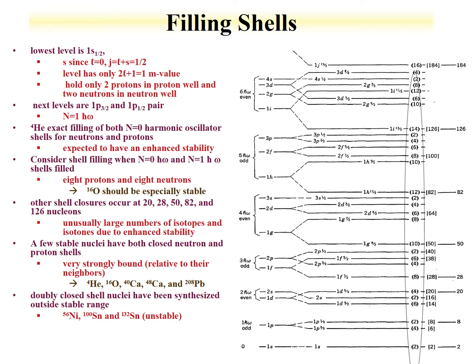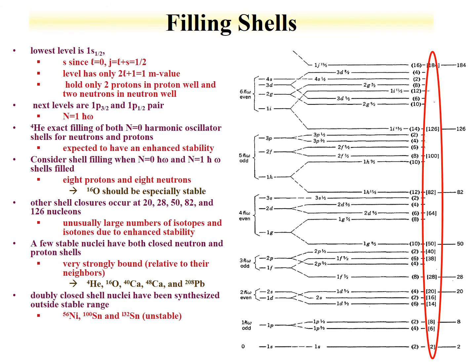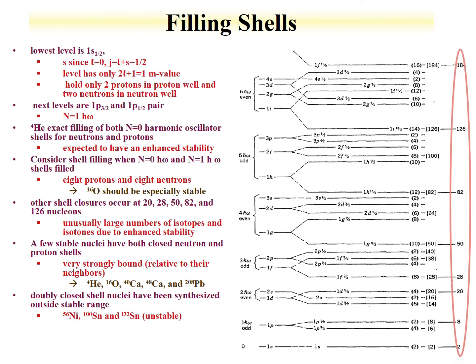The other aspect of the shell model is here where we can see the number of nucleons, either neutrons or protons, that can fill a given shell, the total amount of nucleons at that given point that fill the shell, and then finally the magic numbers.